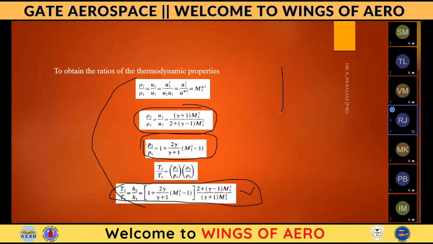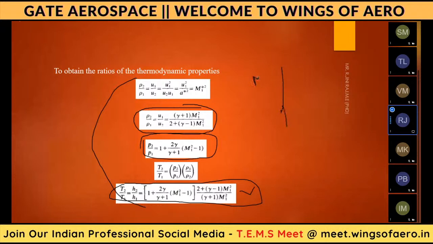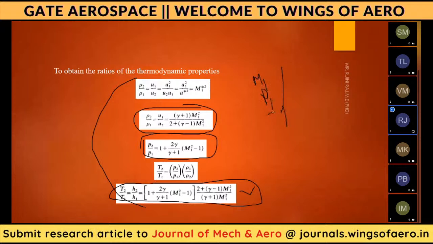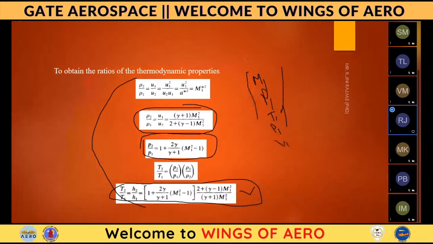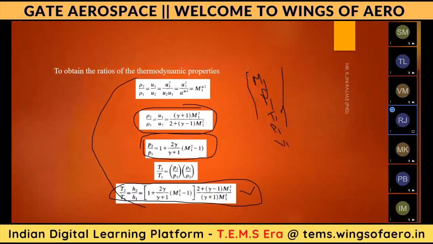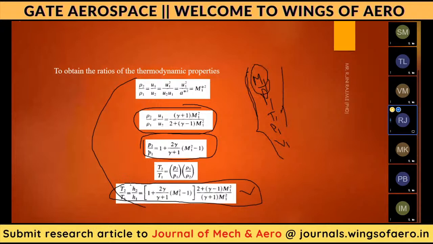One more thing I am telling. See here, consider again a normal shock wave. In every problem, they will give the value for M1, P1, T1, and sometimes rho1 also. Sometimes velocity v1 also they will give. If you know the value of M1, we can easily find the value here. See, pressure ratio P2 by P1 equal to 1 plus 2 gamma divided by gamma plus 1 into (M1 squared minus 1).